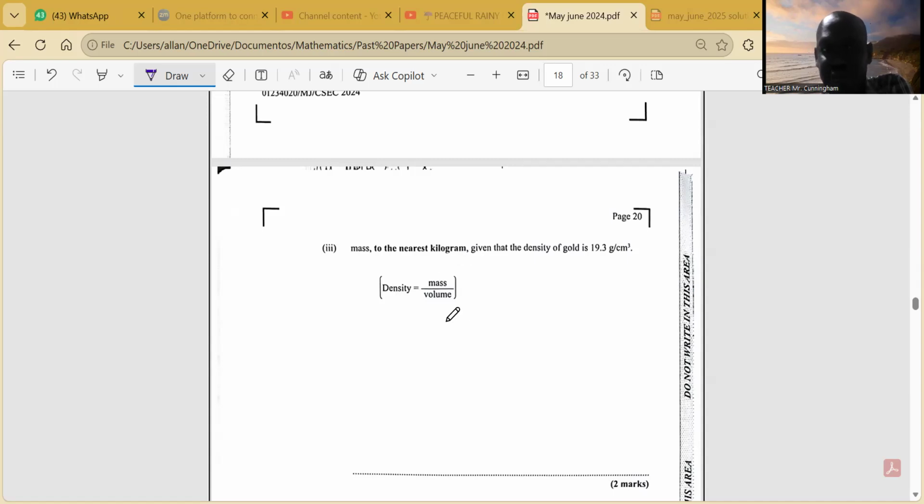So density is mass over volume, so mass would be what? Density multiplied by volume.